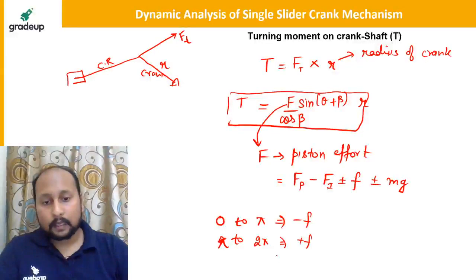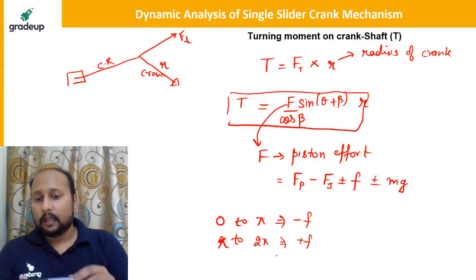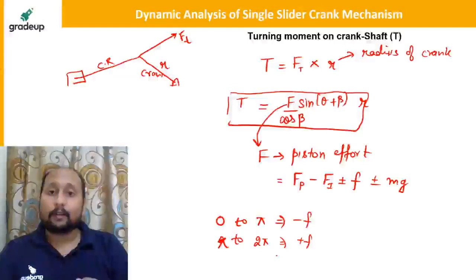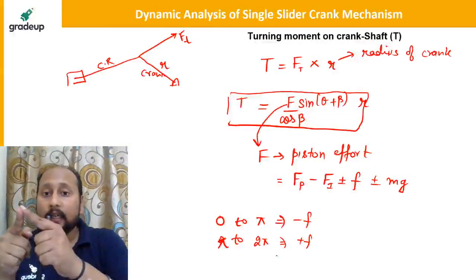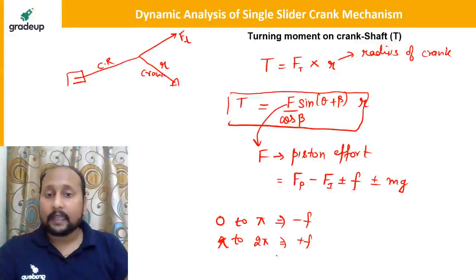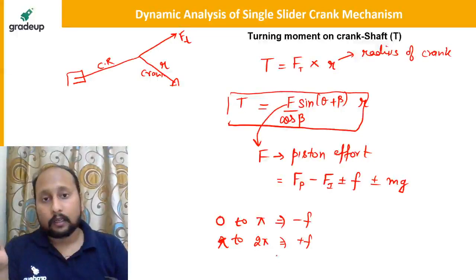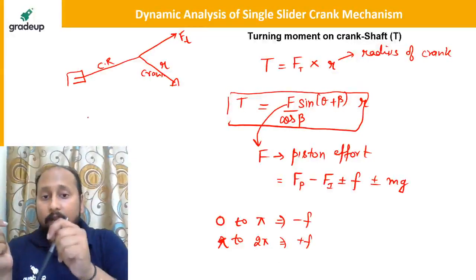Is that clear? Just remember, if your movement is from 0 to pi, your piston is moving from the inner dead center to the outer dead center. In that case, this is your pressure force, and obviously the friction force will be opposite. When it is moving from outer dead center to inner dead center, the pressure force and friction force are moving in the same direction.